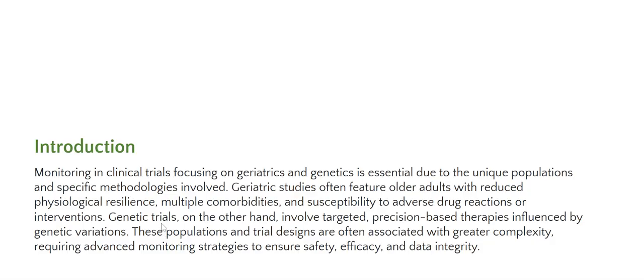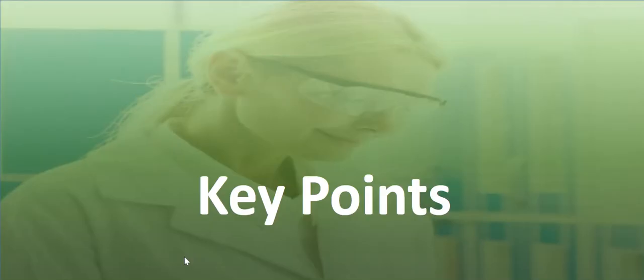Genetic trials, on the other hand, involve targeted, precision-based therapies influenced by genetic variations. These populations and trial designs are often associated with greater complexity, requiring advanced monitoring strategies to ensure safety, efficacy, and data integrity.